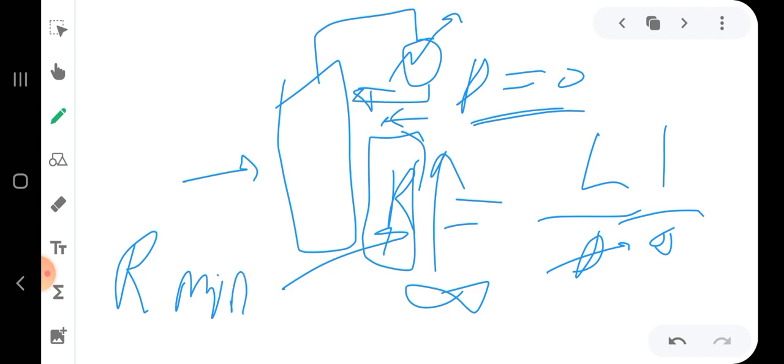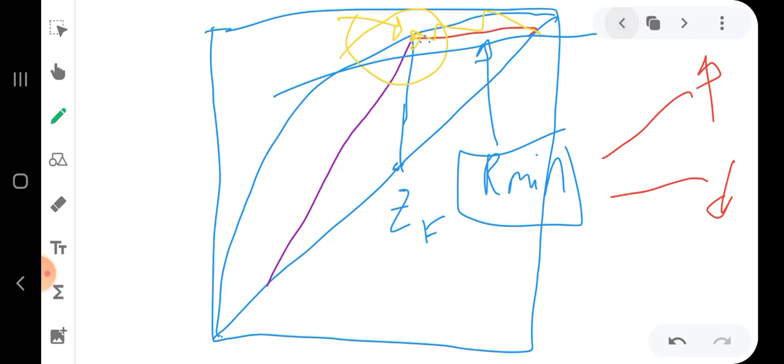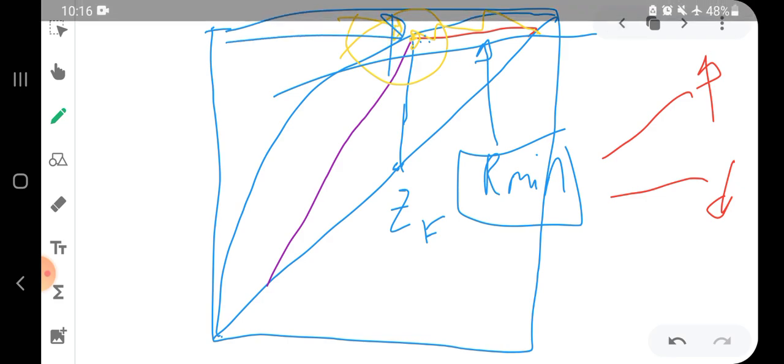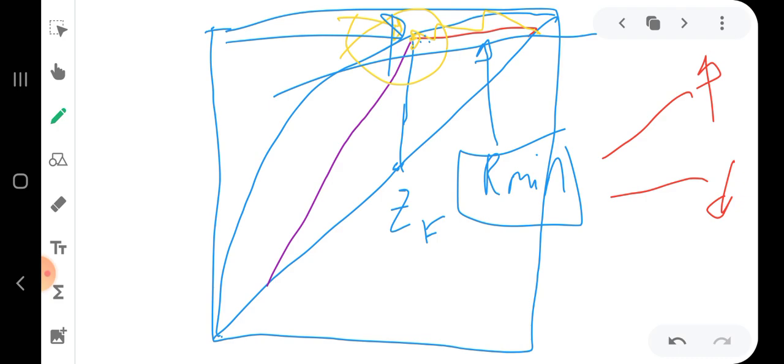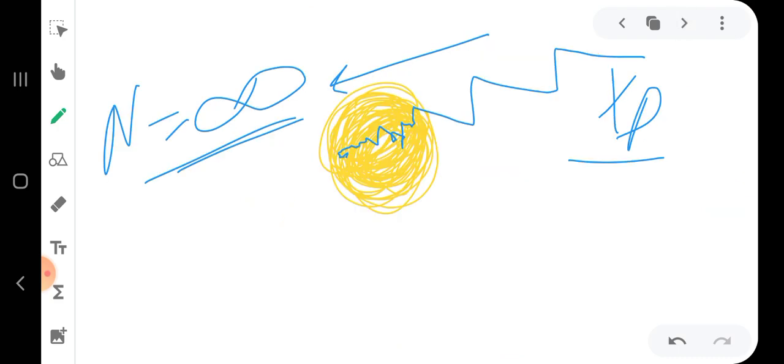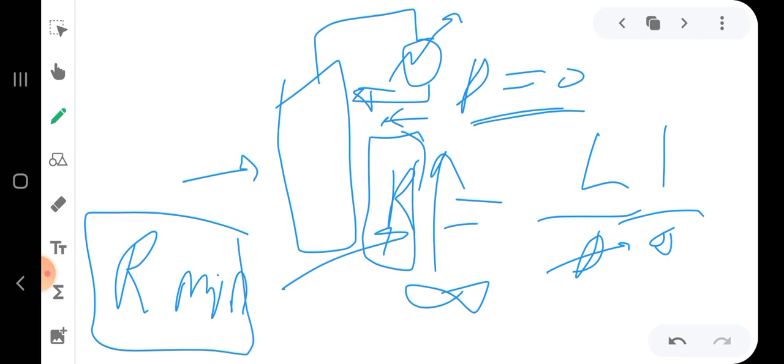After they measure this, this will cause this stuck condition where you have an infinite number of stages. That's why we avoid working at this R minimum, and we choose a value of the reflux that's above this R minimum. This is the concept of the R minimum.